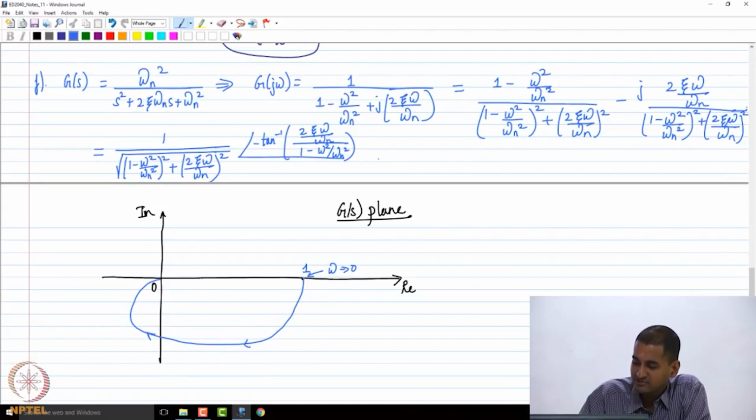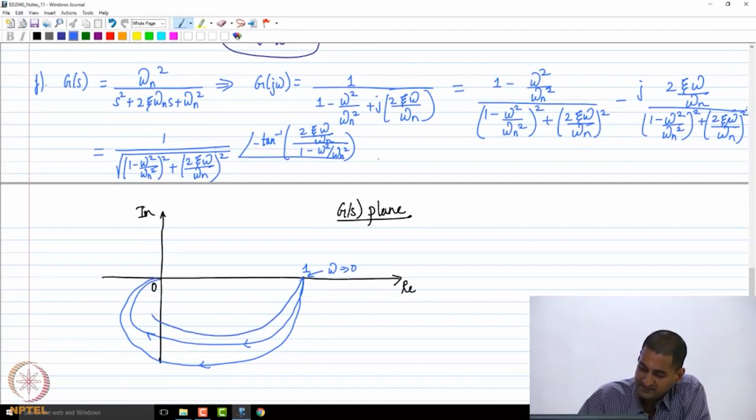Of course, we are going to have a family of Nyquist plots for different values of zeta. As zeta keeps on increasing, it comes closer and closer. This is the trend as zeta increases.